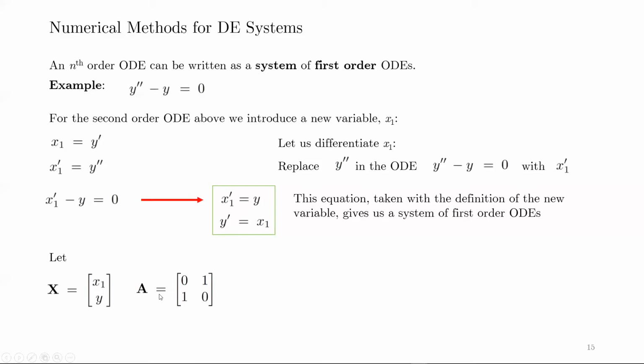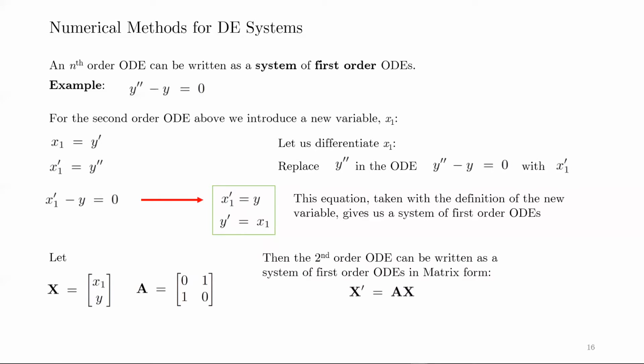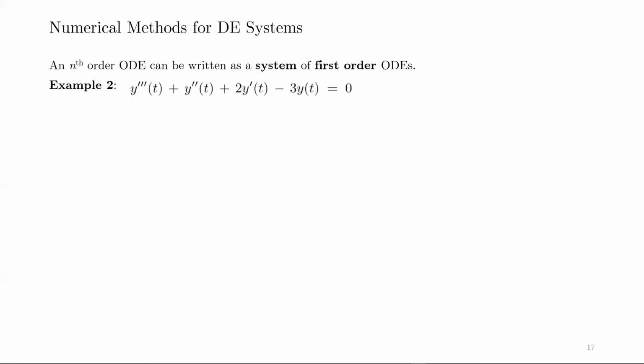If you wrote the ODE the other way, with y first and then x1, then the rows of A would be switched. So the second order ODE above can be written, using this method, as a system of first order ODEs in matrix form.